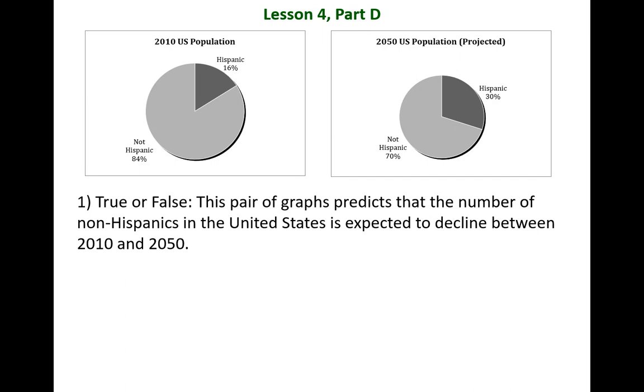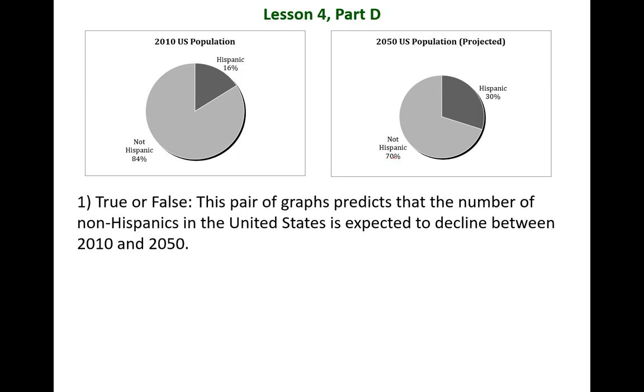So we can see when we look at the graph that in 2010, Hispanics represented 16% of the U.S. population and non-Hispanics represented 84%. By 2050, that's expected to change so that the percentage of Hispanic U.S. citizens is supposed to rise to 30%, and non-Hispanics will probably only represent 70%.